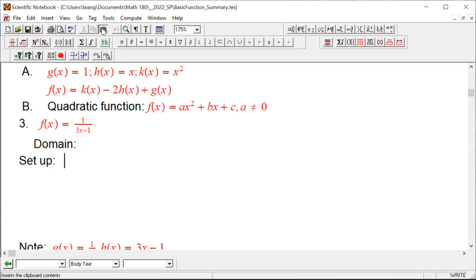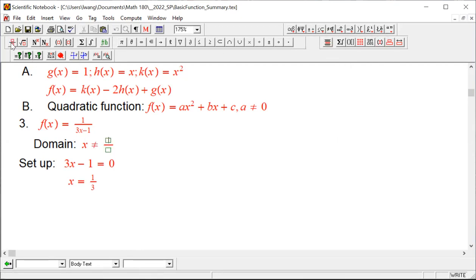One way is to say 3x equals 0, and then you solve for x, and x equals 1/3. Because we cannot allow a 0 denominator, any number that makes the denominator equal to 0, we have to rule out. So when we illustrate the domain, we will say x not equal to 1/3.